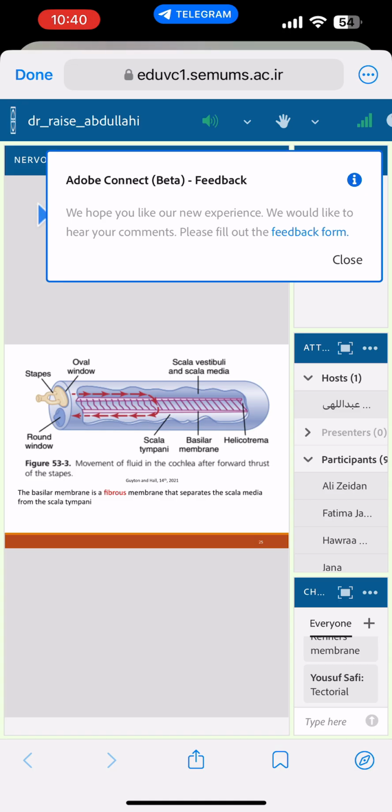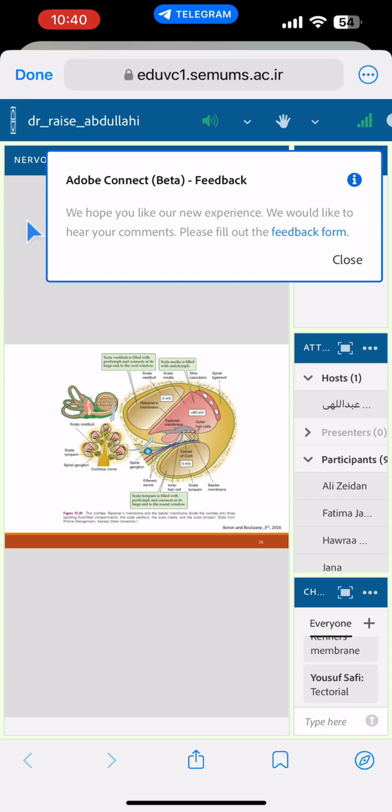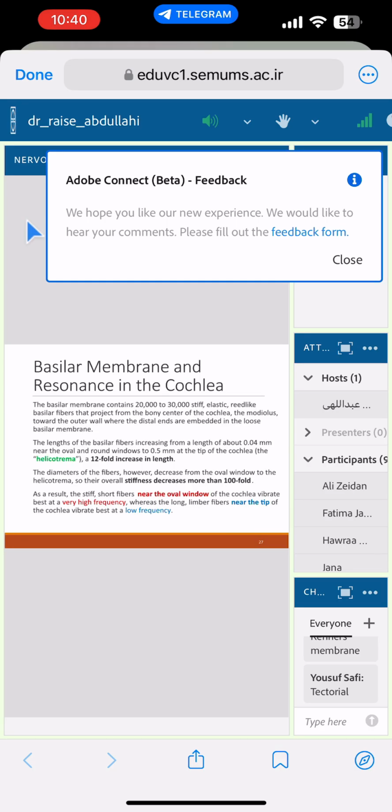Here we have the shorter and thicker one, and here we have the longest and thinnest of these reed-like fibers. So these basilar fibers react to different frequencies of sound.